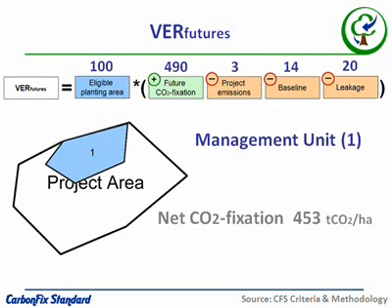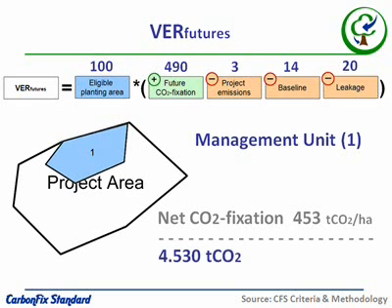Multiplied by the eligible area of the management unit, which is 100 hectares, we derive a total CO2 reduction of 4,530 tons of CO2. This also represents the amount of VERfutures which will be issued with a successful certification.